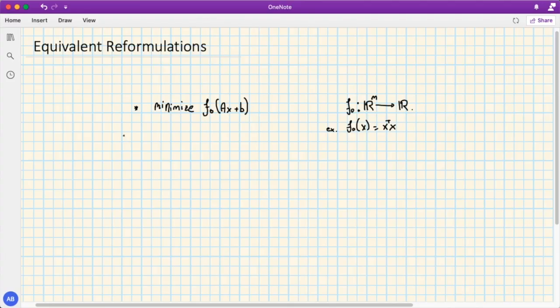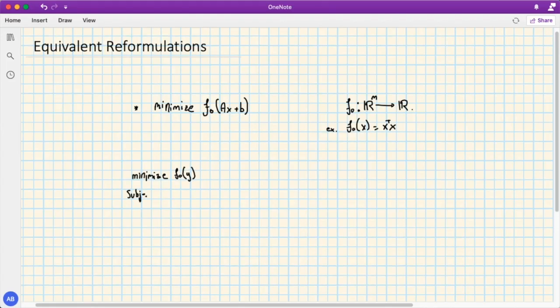So a possible reformulation which turns out to be equivalent is to actually introduce a new variable, that is y. So I'm minimizing this time f0 of, instead of Ax plus b, I say y, and I choose my constraint to be y equal to Ax plus b.